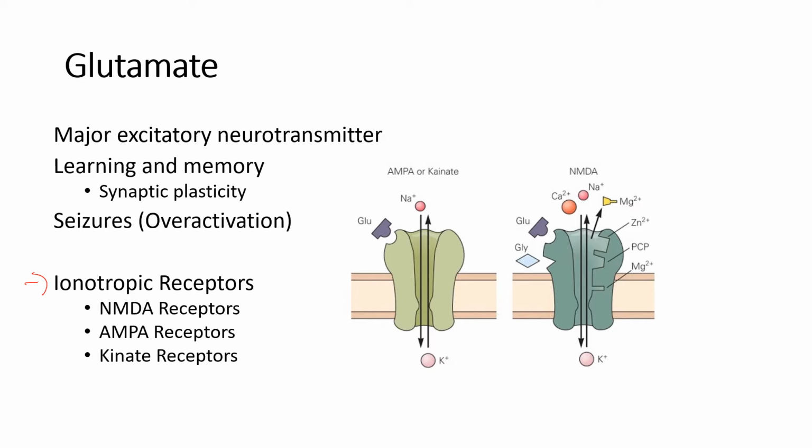So they increase ion channel activation, whether direct or indirect. On the other hand, there's also metabotropic glutamate receptors, and these are the ones that increase things like metabolism, the breakdown of neurotransmitters in the synaptic gap.